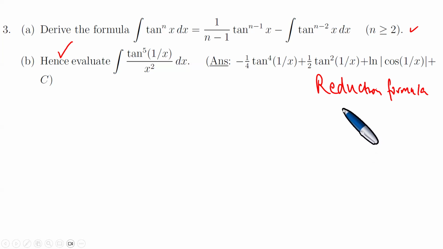We need to break it down. So let's look at 3a.